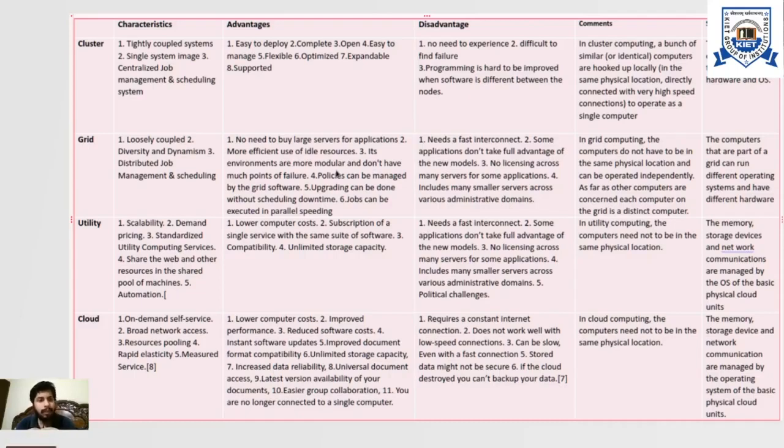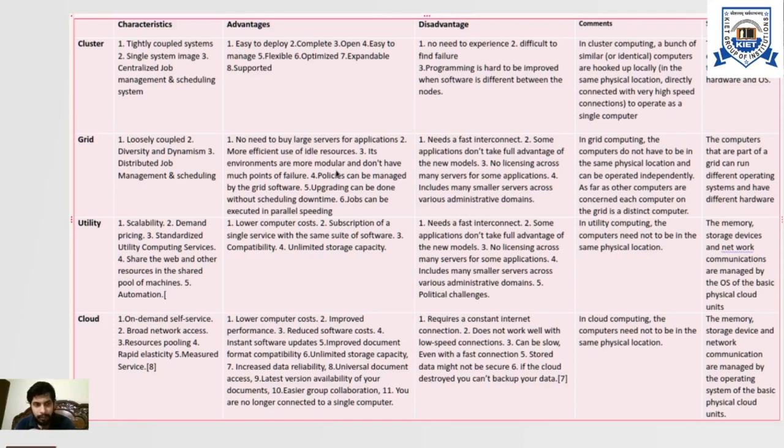And the third important point is distributed job management and scheduling: the work is distributed among different computers and no one is the master. Everyone has some task to do, right?